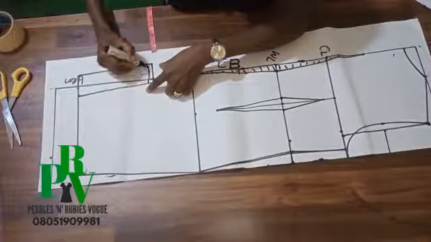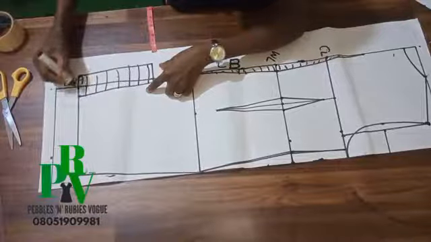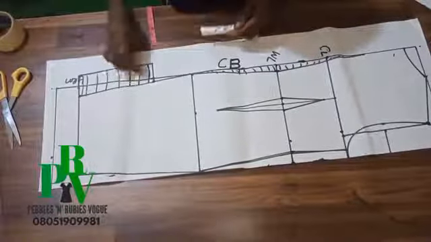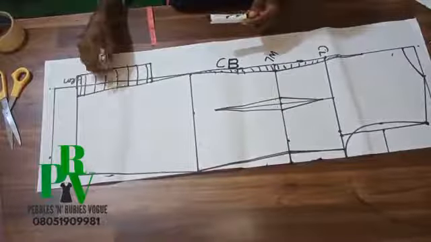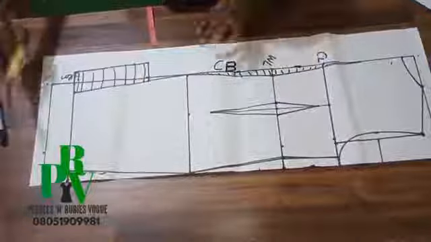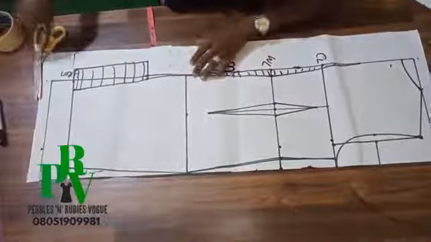Let me shade it out so you can see. This is the back vent. We are cutting this together with our back block. So my shading is for you to see the measurements, okay? So I'll cut this out now, and then I'll show you.